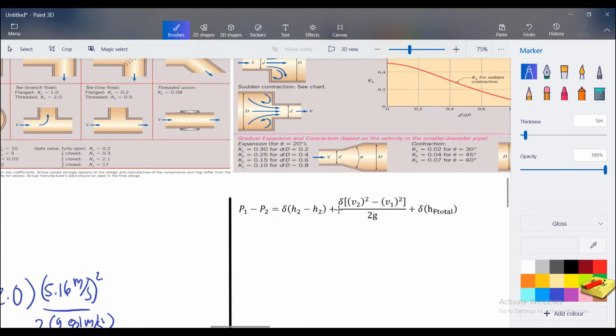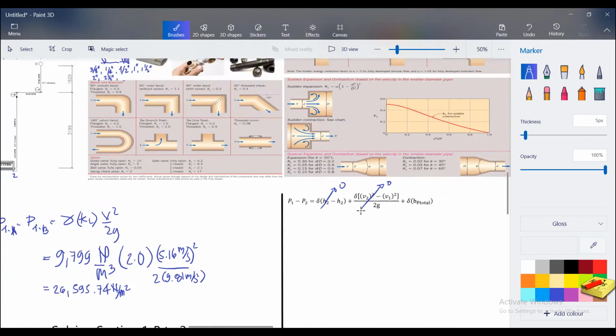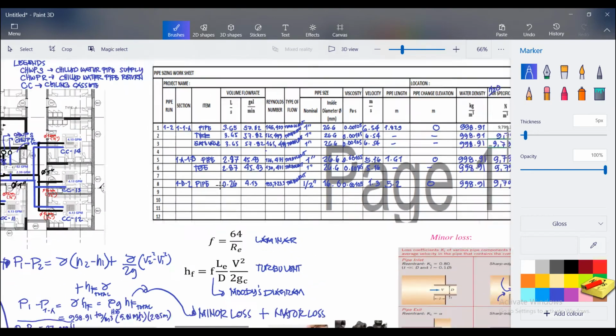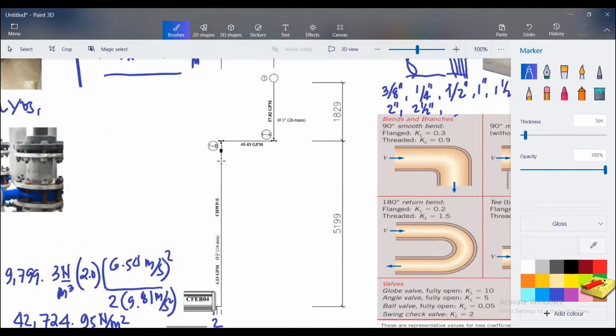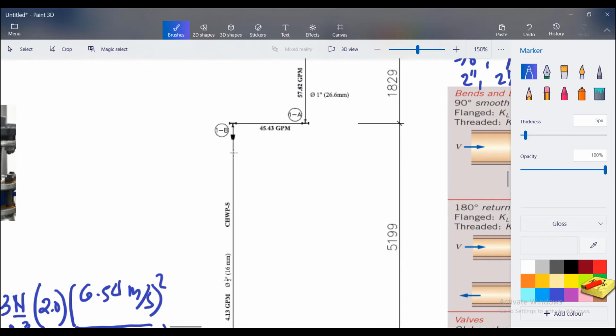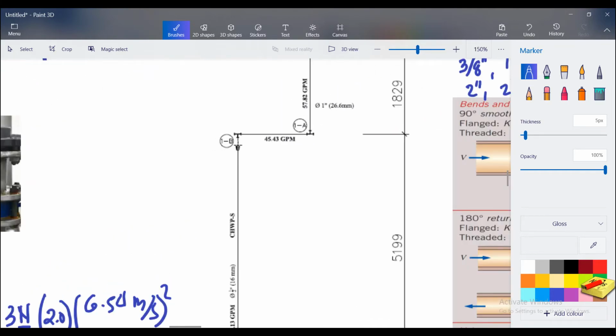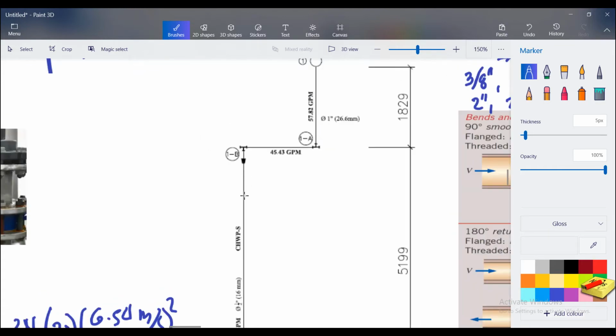So since we don't have the change in elevation, so this will become 0. So there is no change in diameter. So since yung pipe natin is running from same pipe na sizes niya, so starting from here, okay, so there is no change, we call this reduction of size.